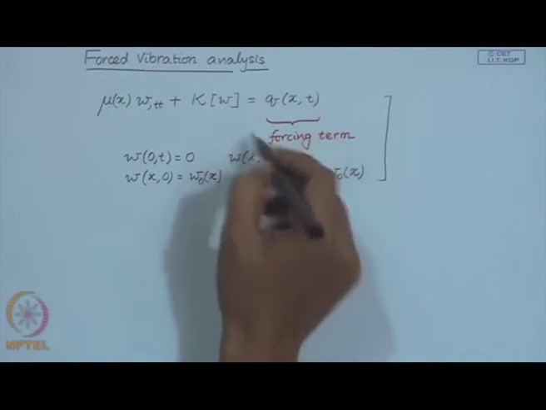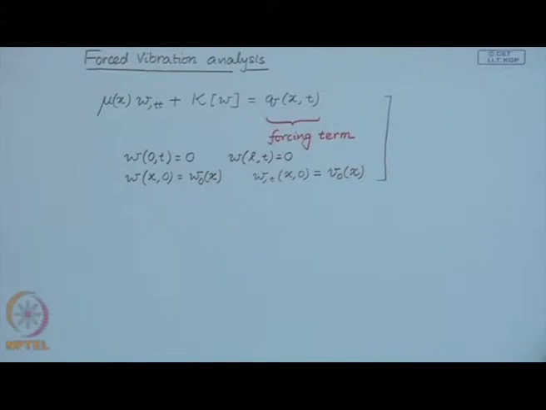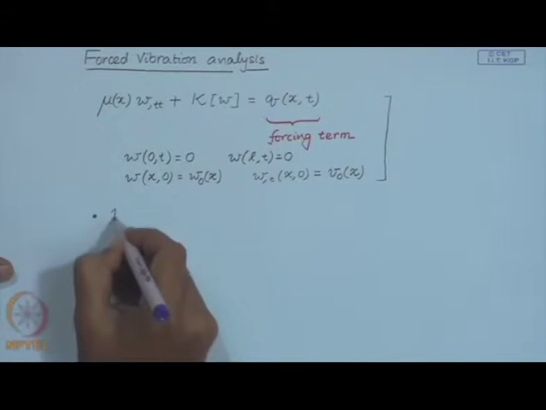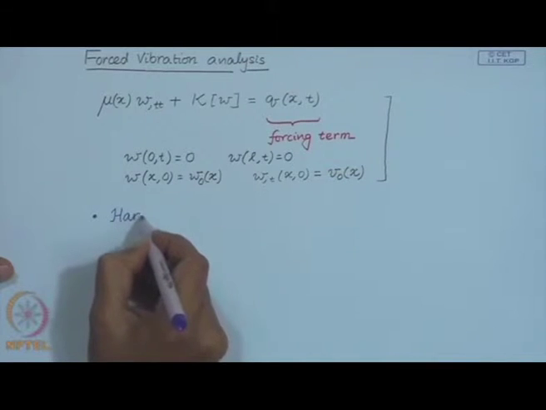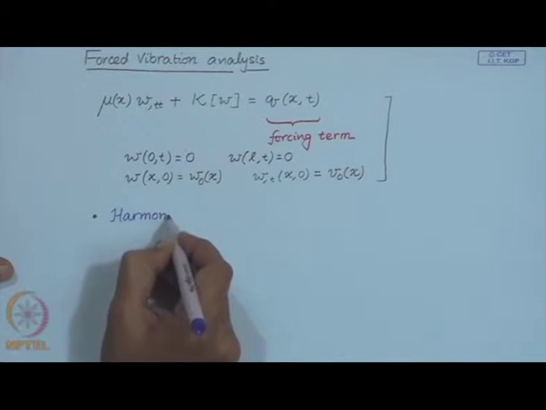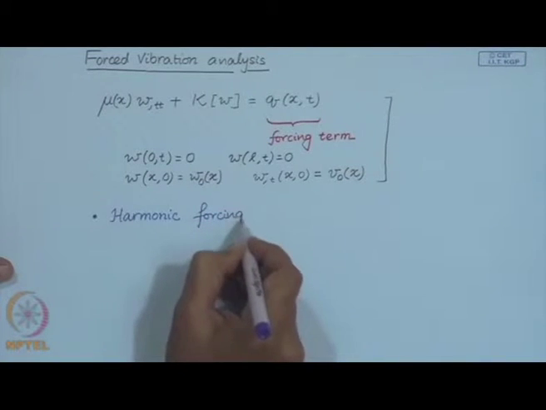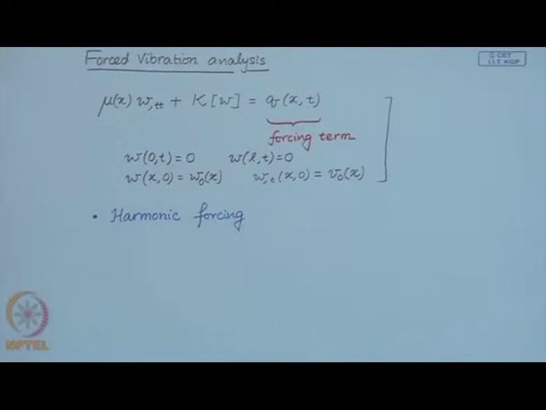Now, there can be various kinds of forcing. You can have harmonic forcing, which is the most common kind of forcing, especially when we are evaluating or testing a structure.